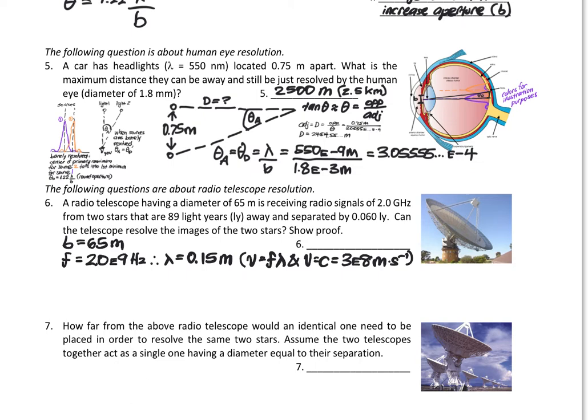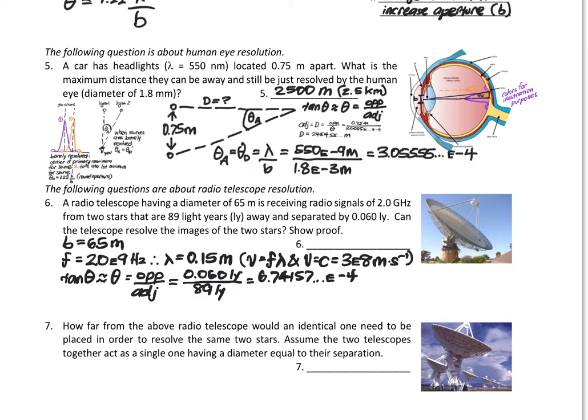And then it gives a distance and a separation in light years, and it doesn't even tell you what a light year is. Actually, the conversion from light year to meters is given in the unit conversions in the data booklet. A light year is 9.46 times 10 to the 15 meters. We don't actually need it, because really what we're concerned with is the angle that they subtend.